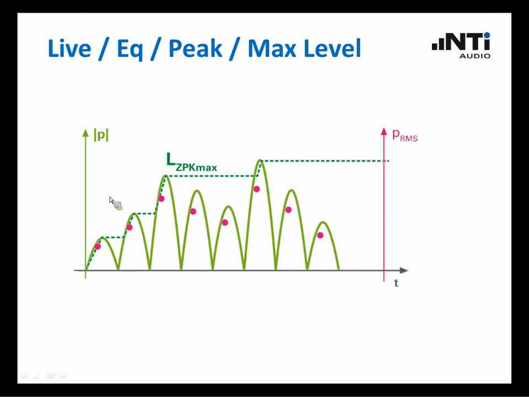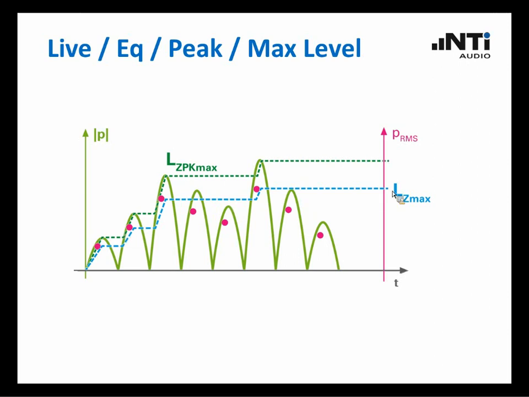The next step is to calculate the RMS result out of this incoming signal. RMS, root mean square, includes a root, and this has of course the consequence that the RMS values will always be smaller, below the peak values. And this is a very good database now for our maximum level display, because we just have to look similar to the peak level, but now for the RMS value.